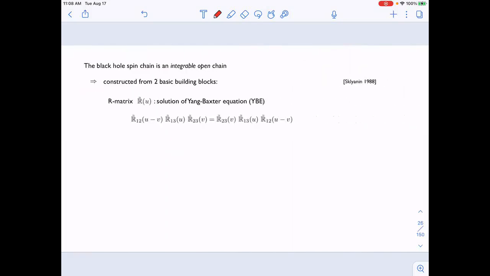So one of them is the R matrix, which is, of course, a solution of the Yang-Baxter equation, which you'll recognize. Now, I've written the R matrix in a very Baroque way with this blackboard font and a tilde. So sorry about that, but I think it's useful, and it'll be clear in a few minutes why we have this notation. So please be patient.